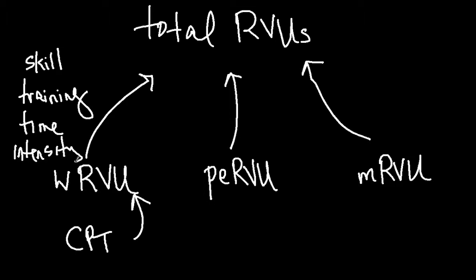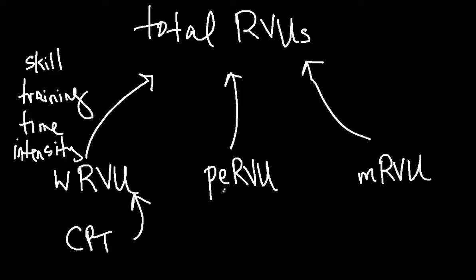So based on these 4 parameters, CMS comes up with a WRVU for a particular CPT code. And the more WRVUs you get, administration generally feels that you've done more work, you've worked harder than someone who's generated less RVUs.